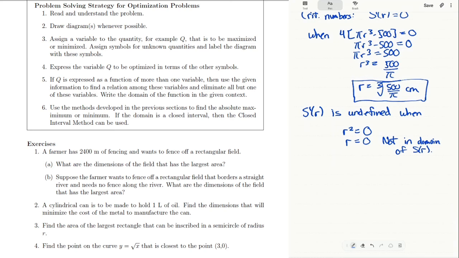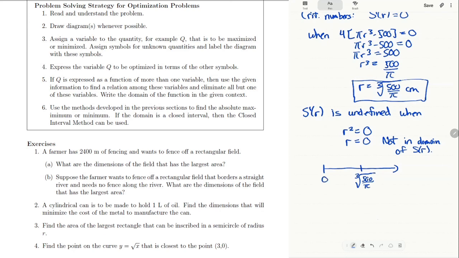Now the only thing that is left to show is that we have an absolute minimum. We'll use the first derivative test and look at the sign of the first derivative near this critical number.